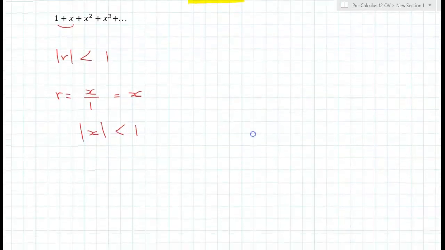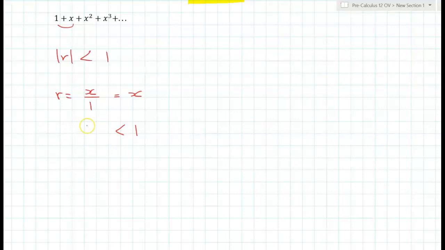So that means we need to solve this absolute value inequality. If you remember this from a previous grade, for the absolute value of x less than 1, you take two cases.